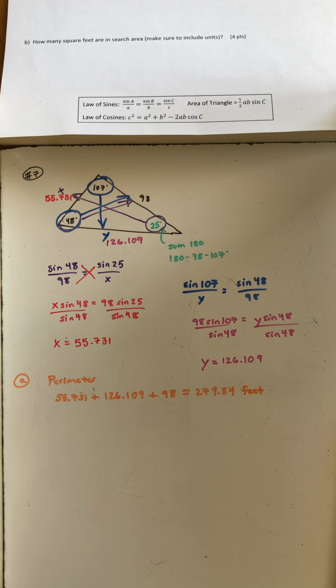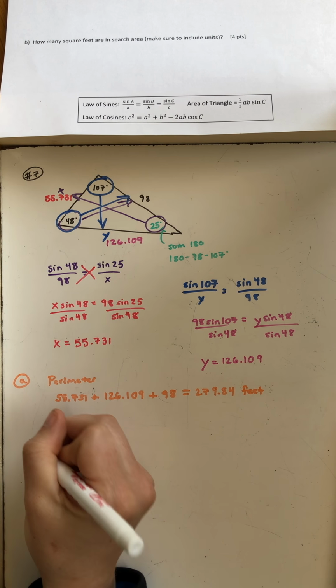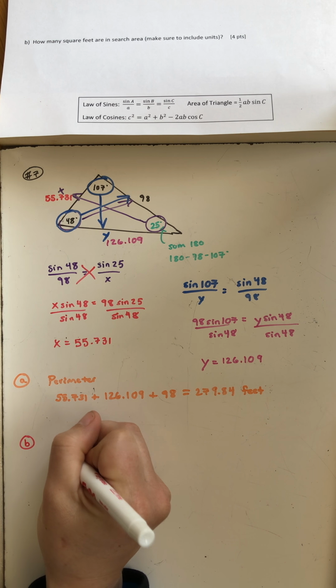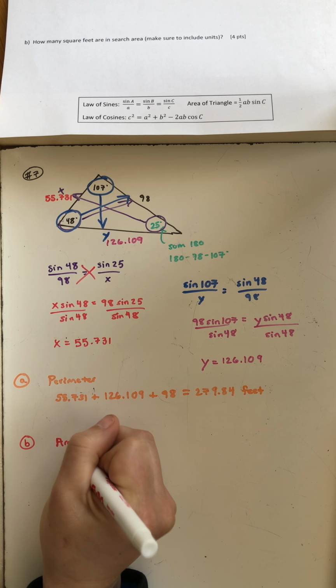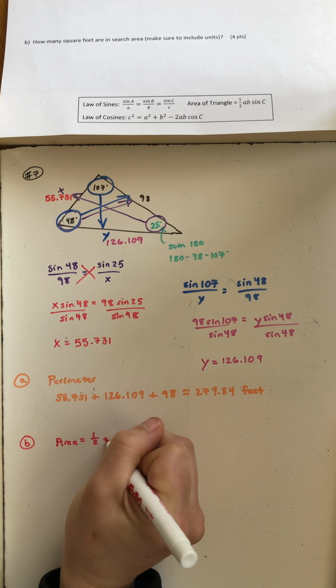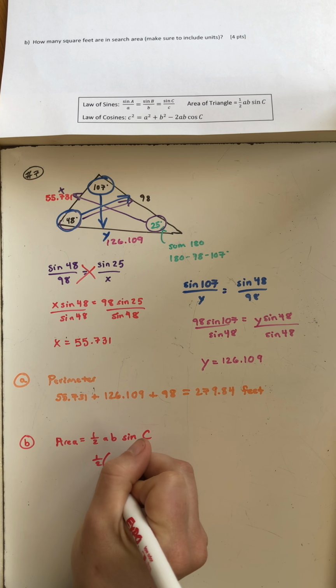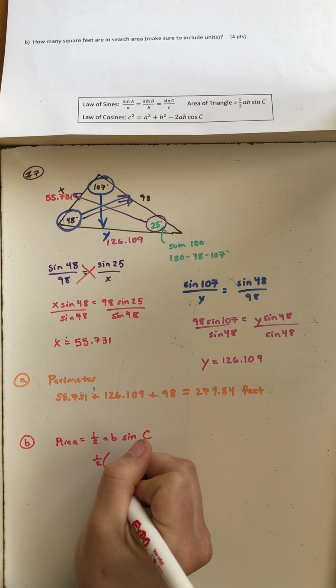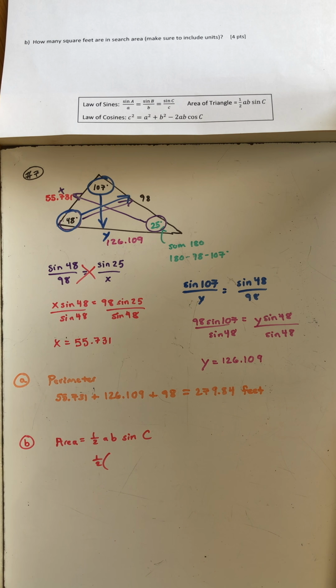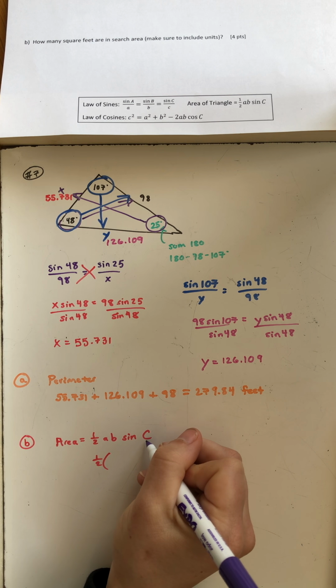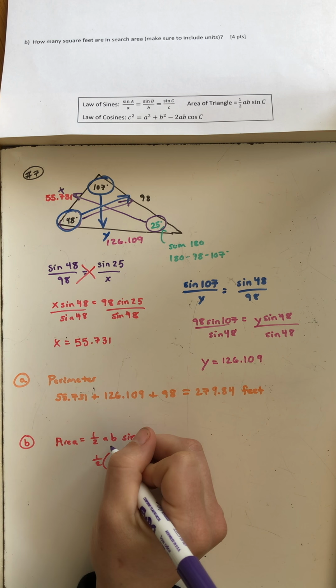Now to find the search area, you need to use the area formula. We have area equals 1/2 ab sine of big C. First of all, when you use this formula, big C, the angle has to be in between the two sides.